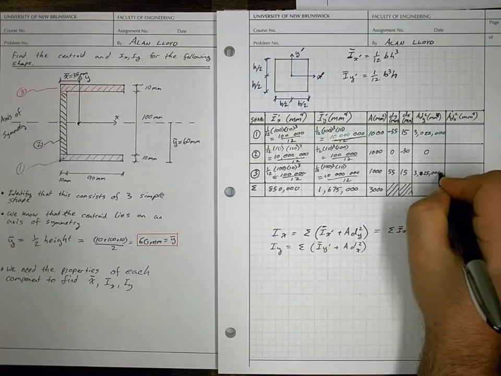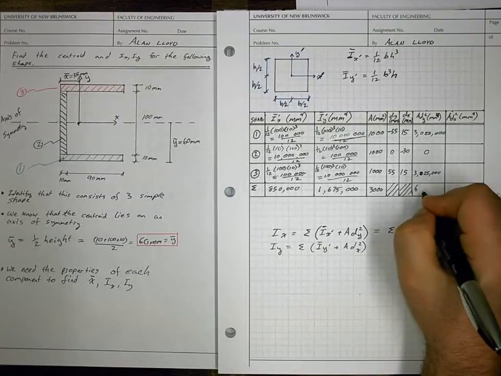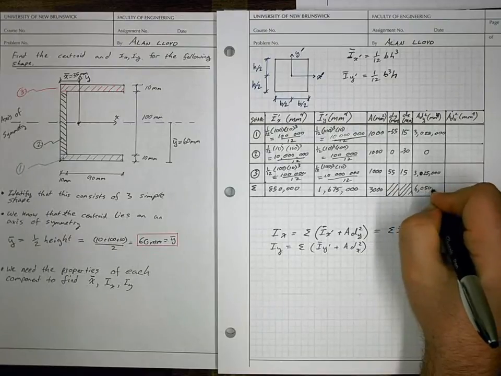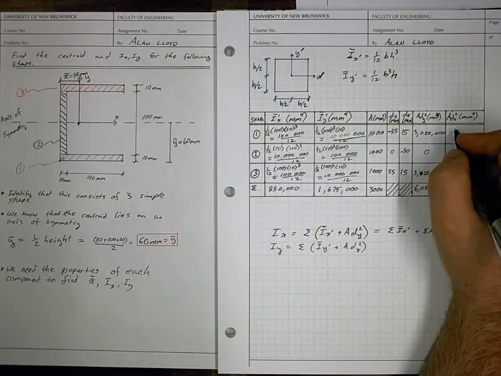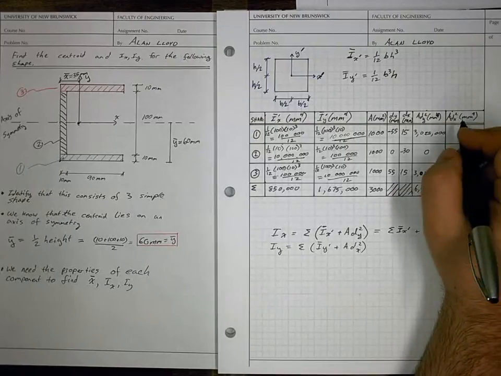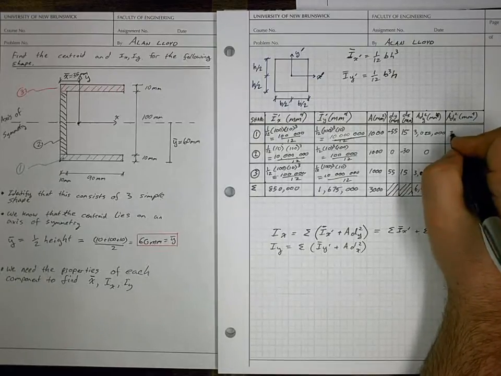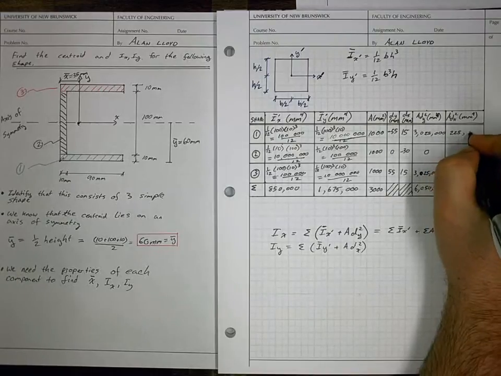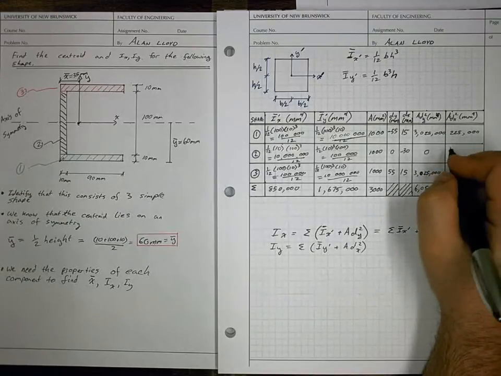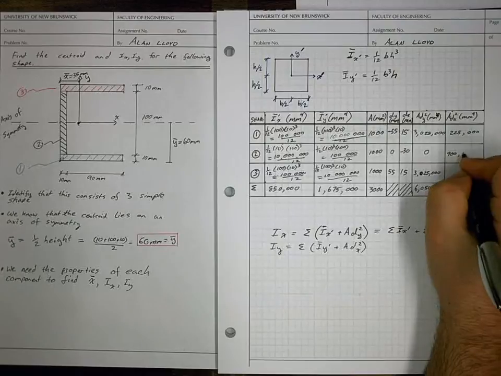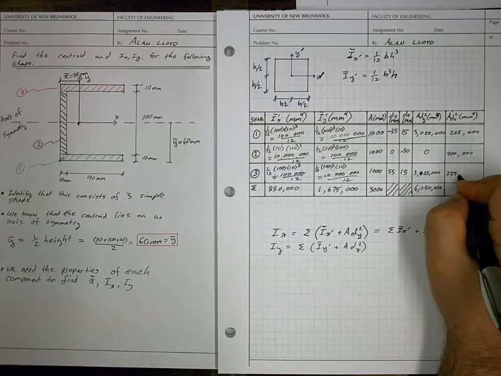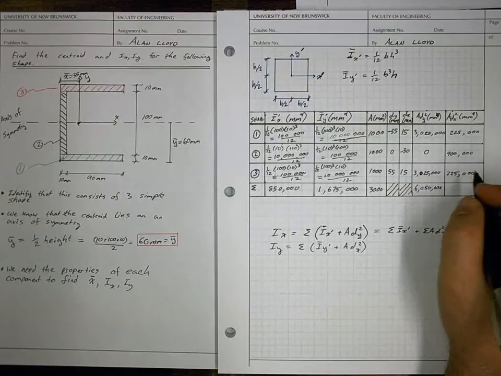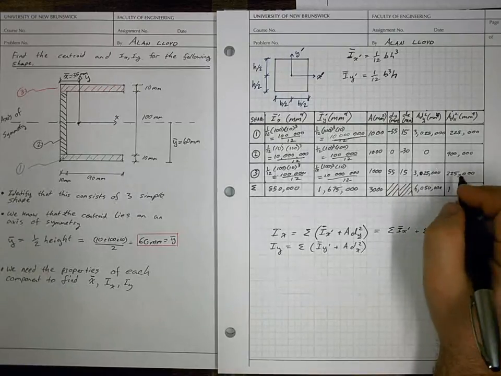If we sum that up, we'd have 6,050,000. And we can do the same for area dx squared, and that would give us 225,000, 900,000, and 225,000. And summing that up, we get 1.35 million.